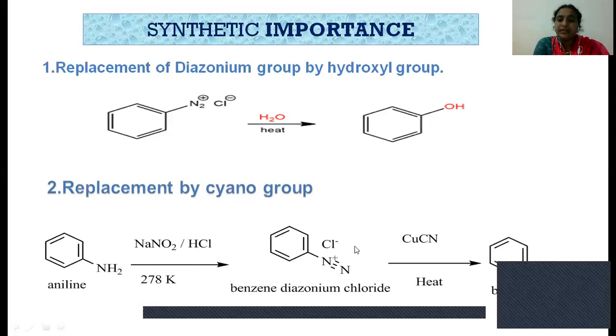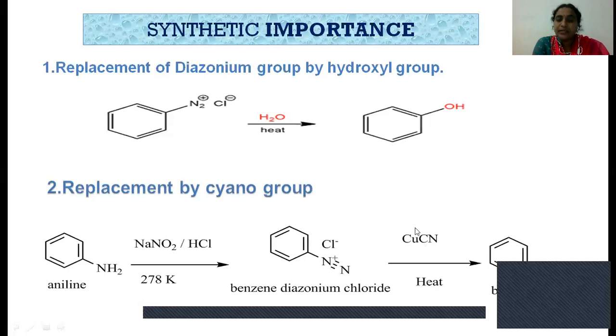And further, this compound reacts in the presence of cuprous cyanide. Here the copper has a +1 charge, hence it is called cuprous cyanide. Cyanide has a minus charge and cuprous has a positive charge.